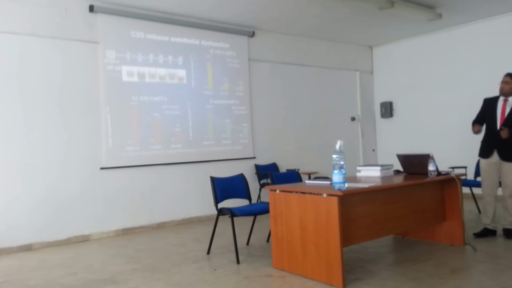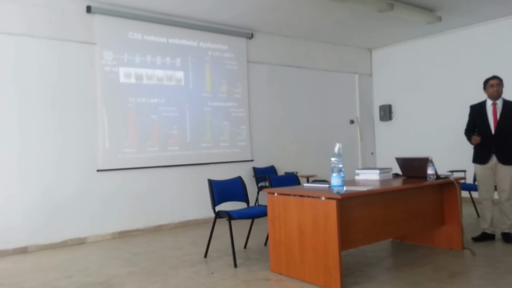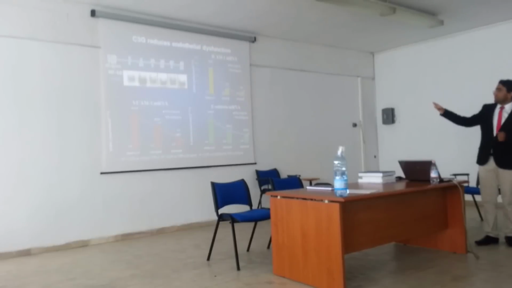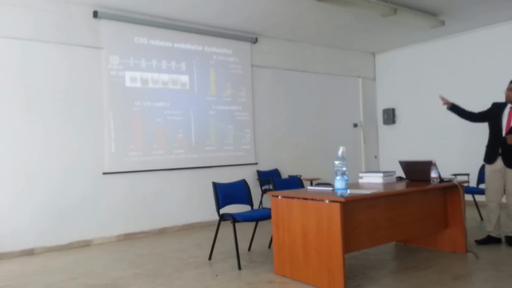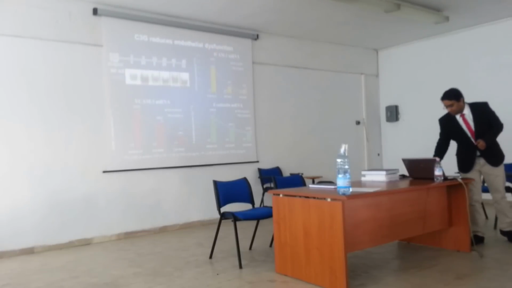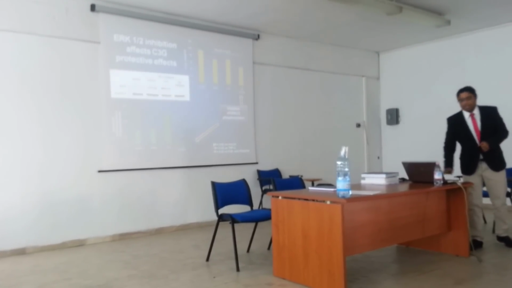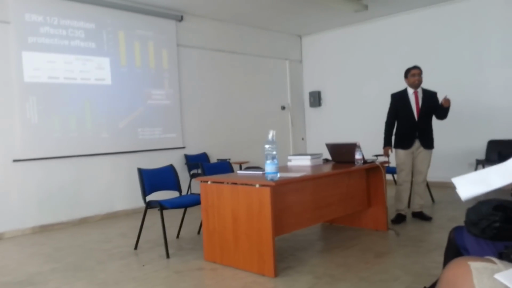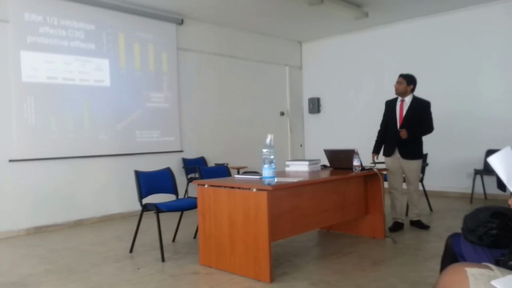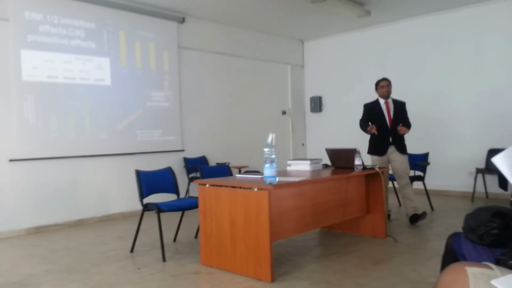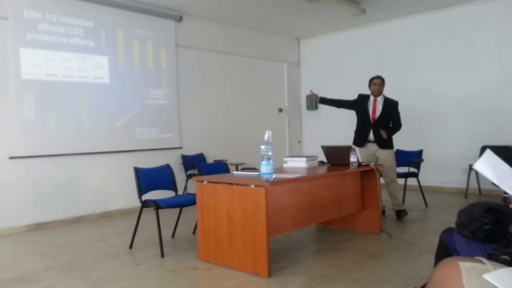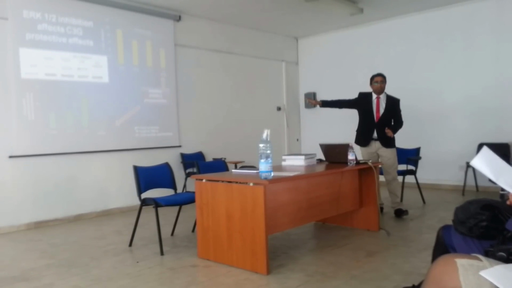Then we measured again to further confirm whether cyanidin is able to decrease the NF-kappa B induced endothelial dysfunction genes. We found that ICAM, VCAM, and E-selectin were decreased in a dose dependent manner by cyanidin glucoside. And again we tested by inhibiting the ERK kinase pathway, whether this ERK kinase is also activated by cyanidin glucoside. We found that once we inhibit the ERK kinases activated by NRF2, there is no more protection from cyanidin, and no more induction of NRF2 by cyanidin.